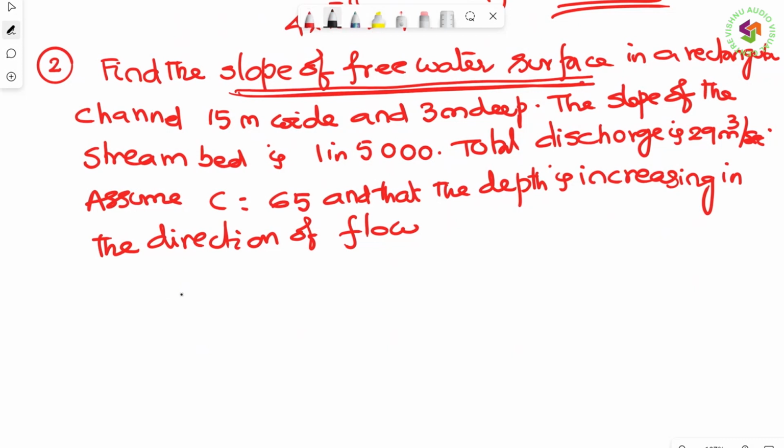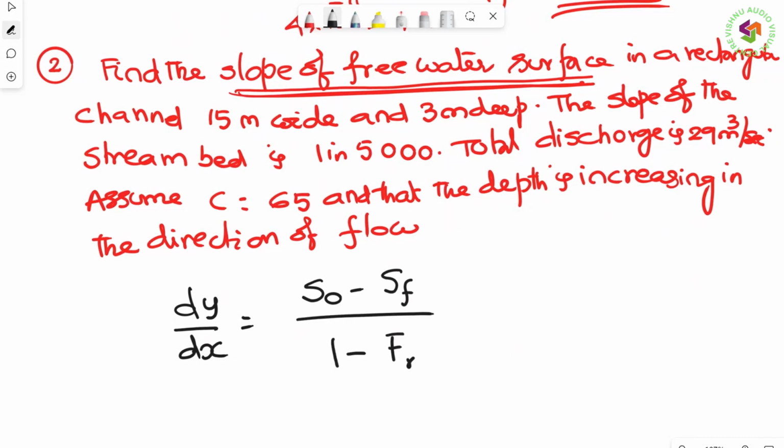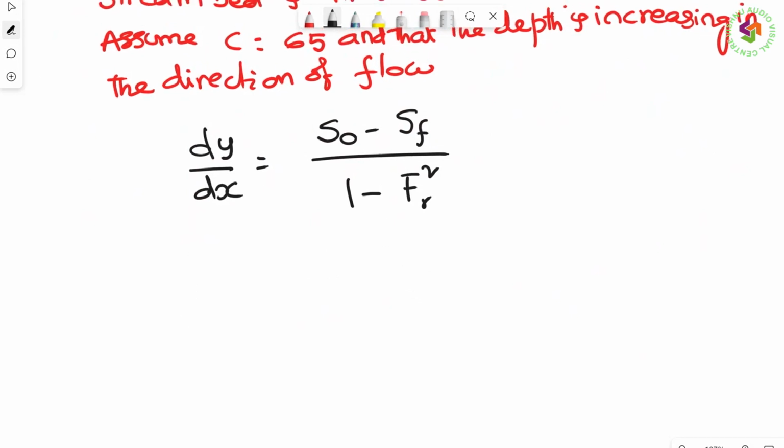So now what is the slope? That means the gradually varied flow equation: dy by dx is equal to S naught minus SF divided by 1 minus FR square. This is the question, right? Now, what is FR for a rectangular channel?